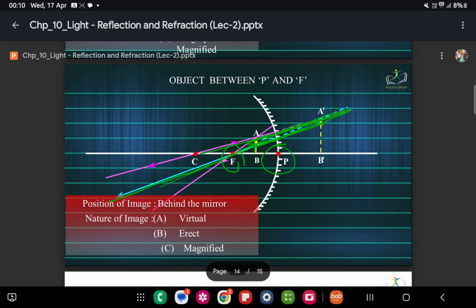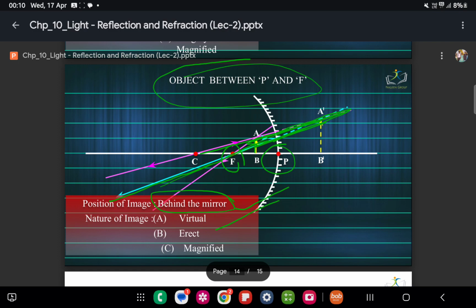So it shows that when we keep the object between pole and focus, the position of the image will be behind the mirror. Behind the mirror means it looks like it is at the back side of the mirror. And the nature of the image is virtual.